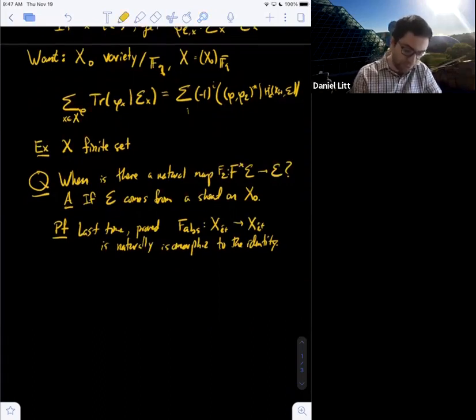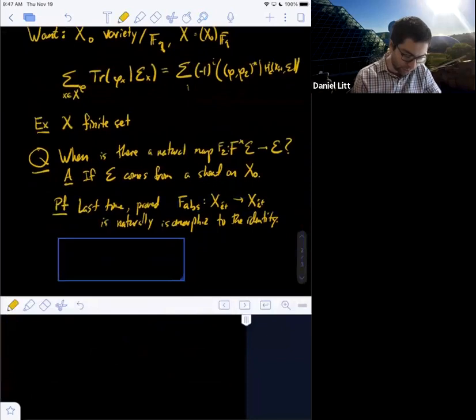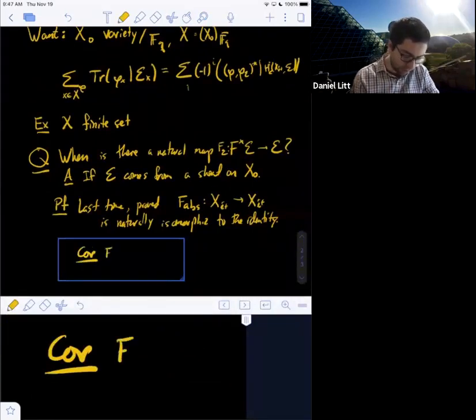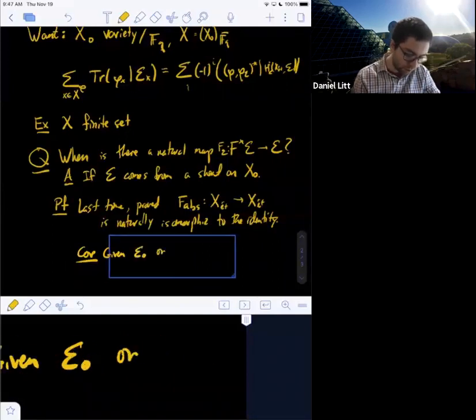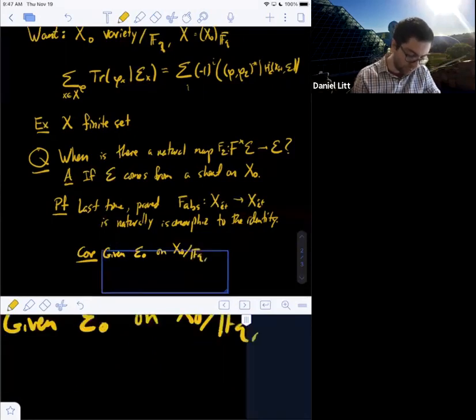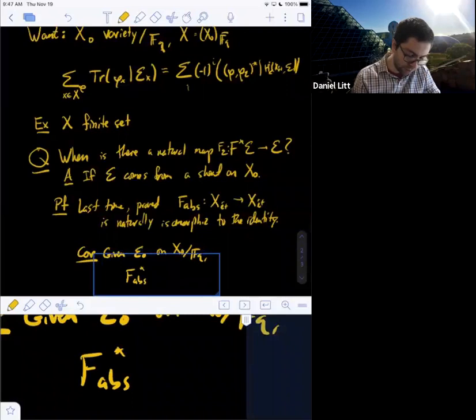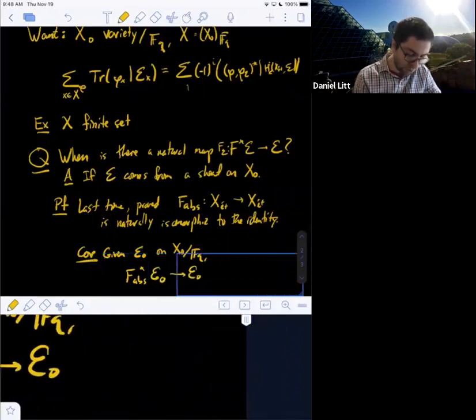Okay, so what this tells you, so the corollary of this proof is that given, let's say, E naught on X naught, so here X naught is a scheme over F_q, there's a canonical isomorphism between the pullback of E naught and E naught. Well, why is that true?